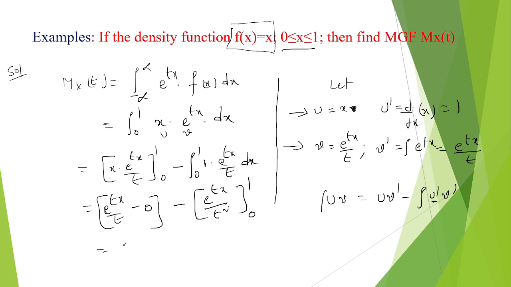Substituting the limits, we get e^t/t squared, minus of minus plus, e power 0 is 1, so 1/t squared. That's it. Like this we can calculate the average for a moment generating function.